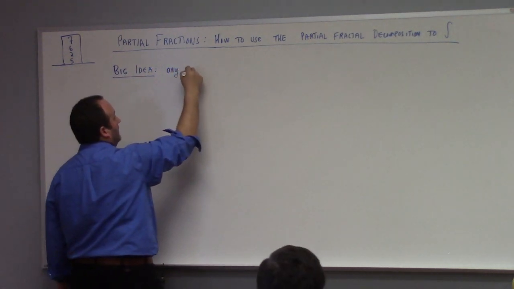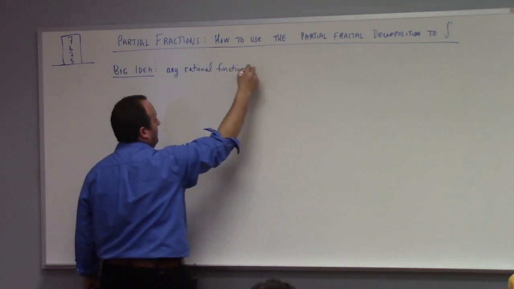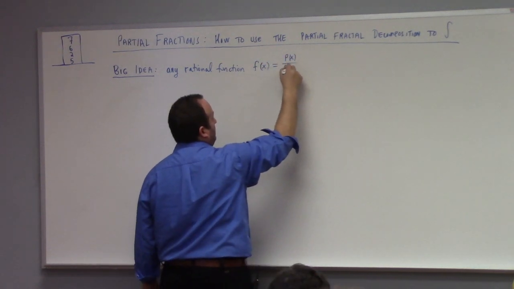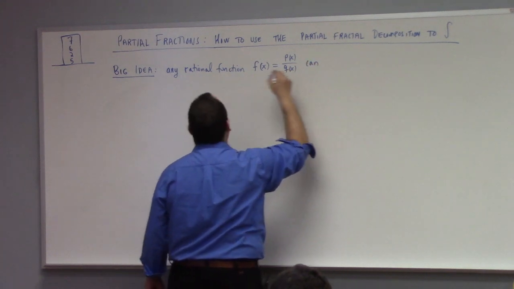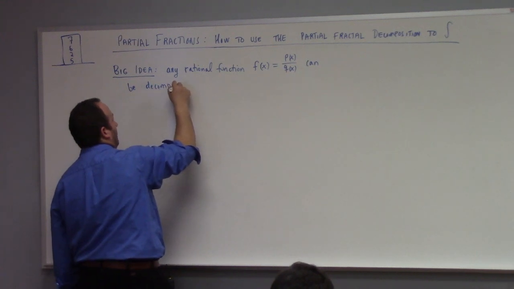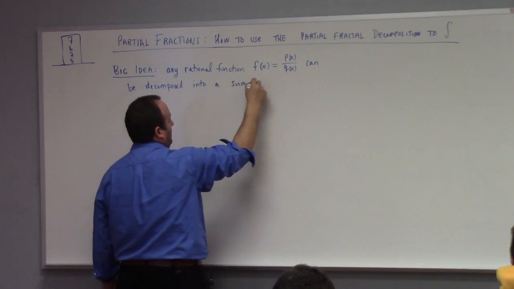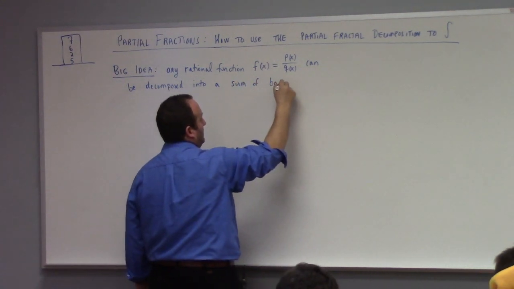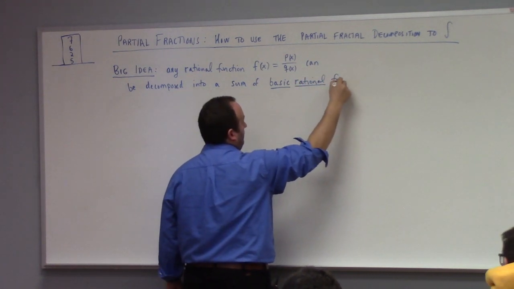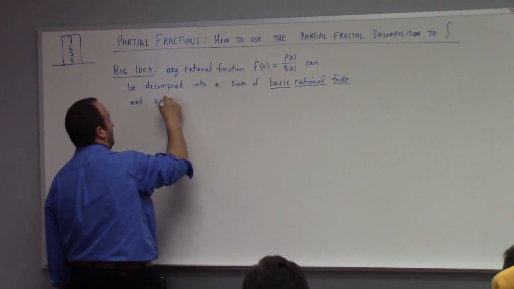Any rational function f of x equal to p of x over q of x can be decomposed into a sum of basic rational functions and possibly a polynomial.